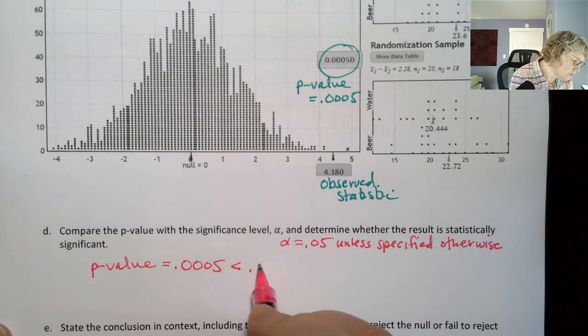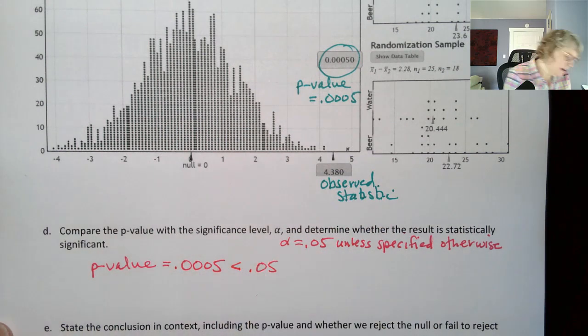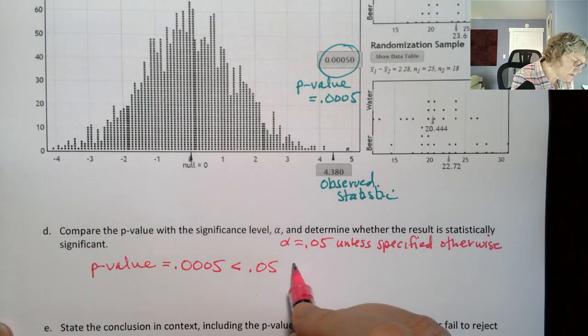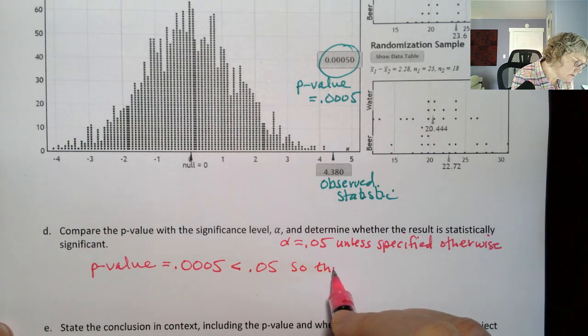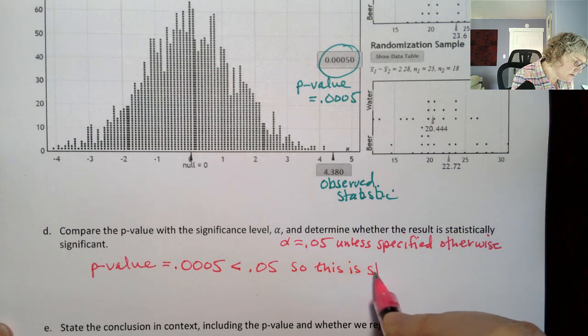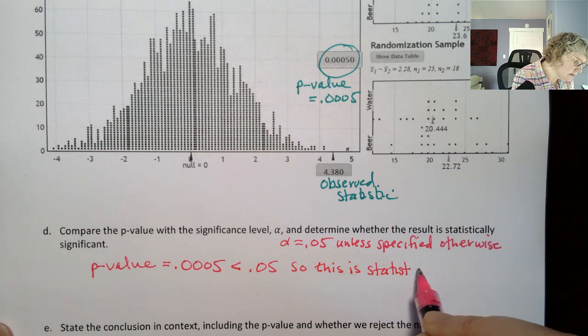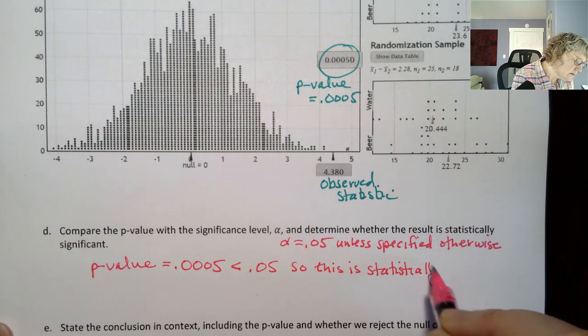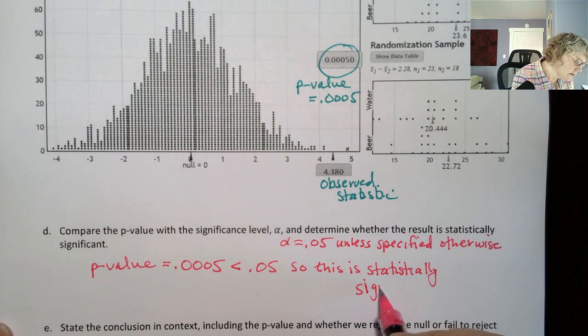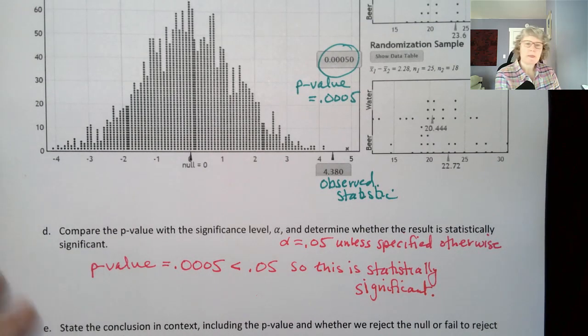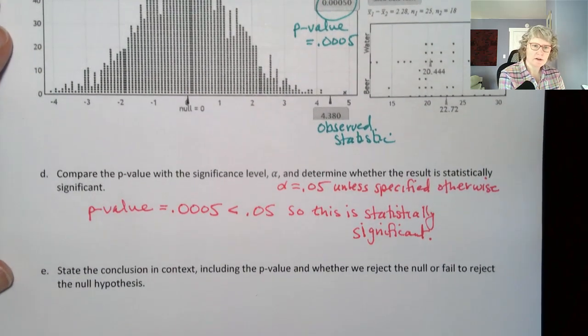Is less than 0.05. It's much less. So this is strong evidence. So this result is statistically significant. Okay, and then we get to state our conclusion.